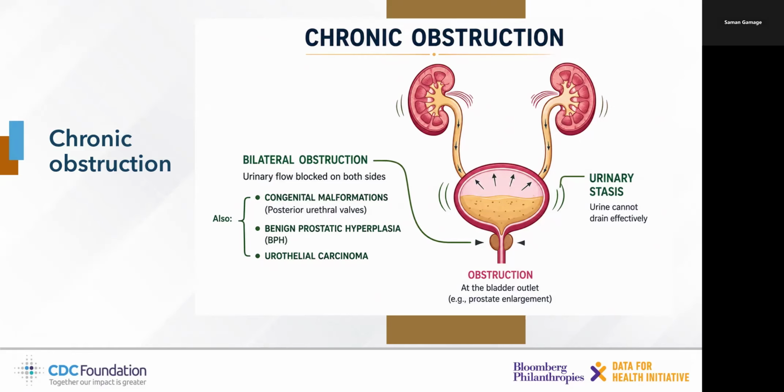Chronic obstruction in this case is due to prostatic enlargement and there is urinary stasis because urine cannot drain effectively. Therefore, there is stagnation of urine, residual urine inside the urinary bladder, which can lead to chronic pyelonephritis.